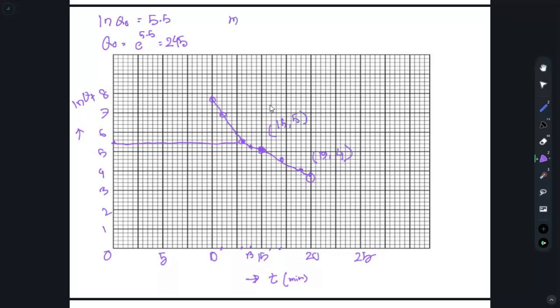So from here you can get a slope of 4 minus 5 over 19 minus 15, and you get a value of minus 0.25. It's actually the value of ln kr. So from there you can get the value of kr as e to the power minus 0.25, and it will generate a value of 0.78.